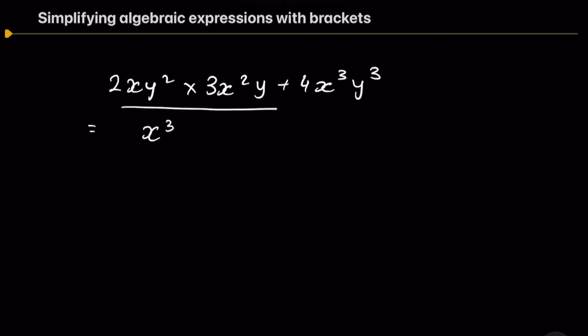And y square into y is y cube. Then you multiply 2 into 3, which is 6. Then add this as well. 4x cube y cube. Now you can add these because they are like terms. So it would become 10x cube y cube.